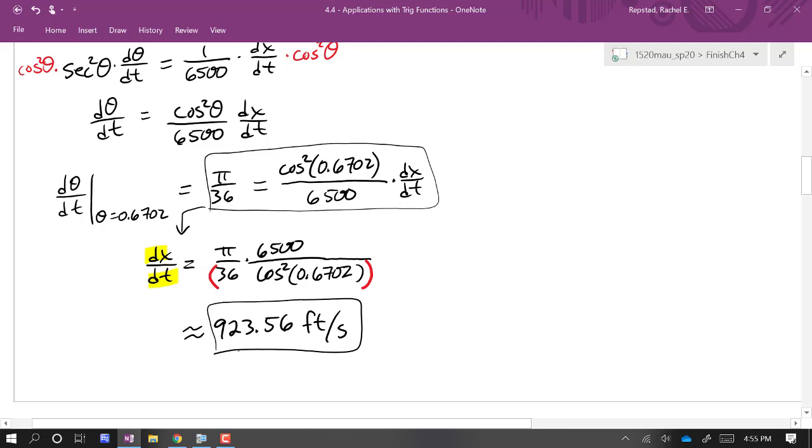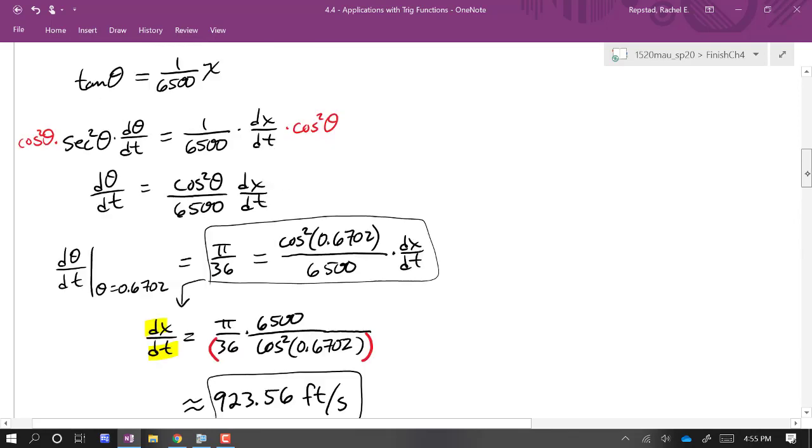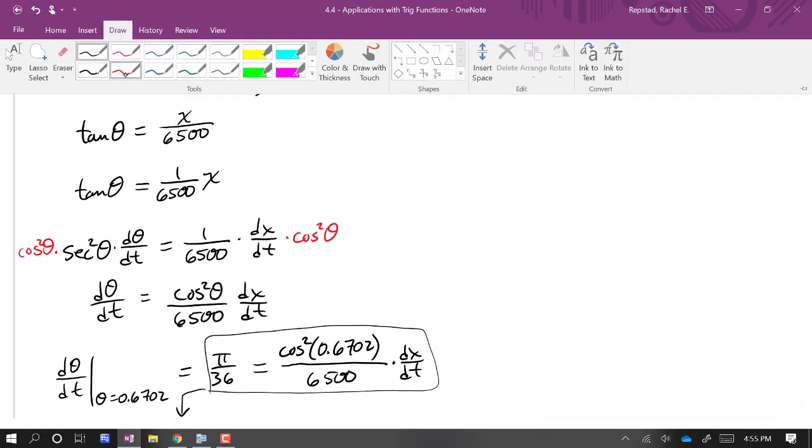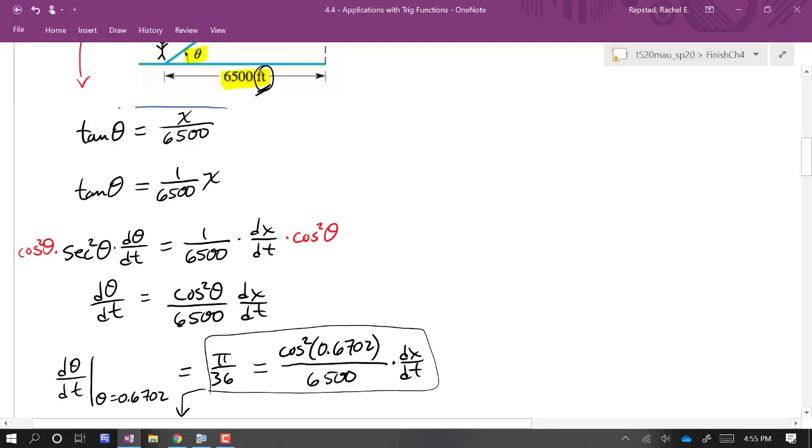All right, before I do another one, I just want to point out that we solved this problem using the tangent function. Once you pick a function, you have another option for how to proceed.